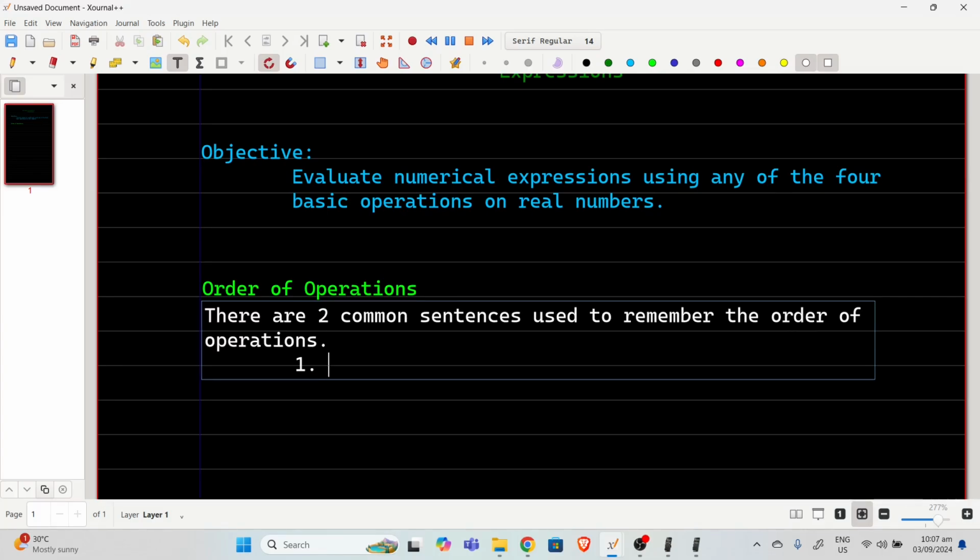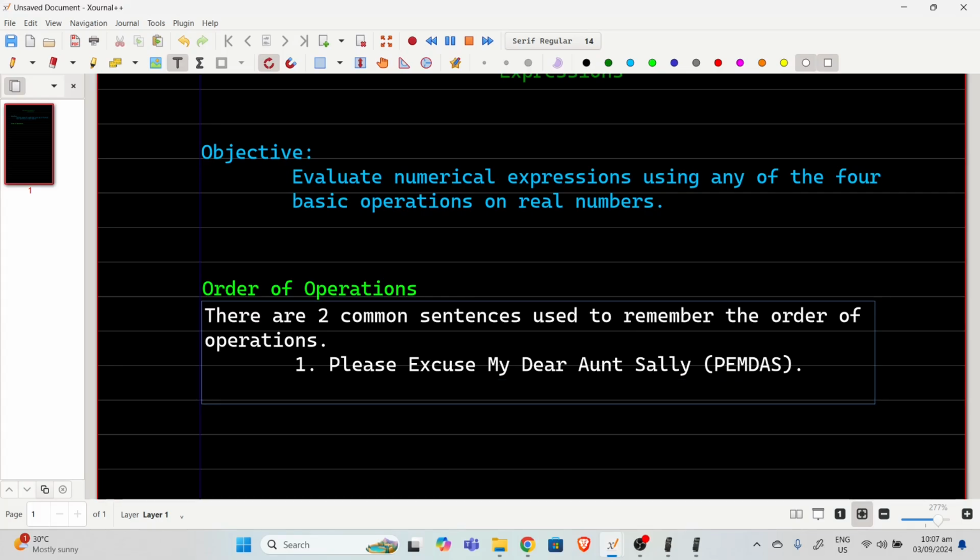The first one is, please excuse my dear Aunt Sally, which is PEMDAS. And the other one, which is what I prefer to use most of the time, is big old dogs making a scene. And that is BODMAS.